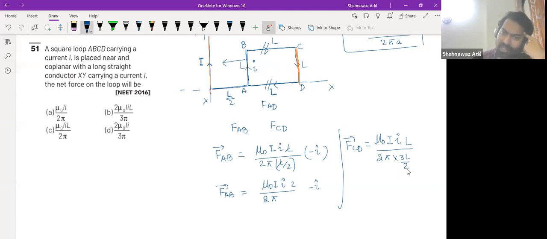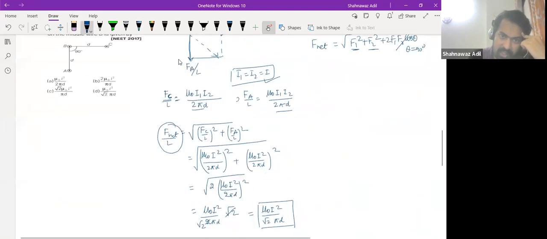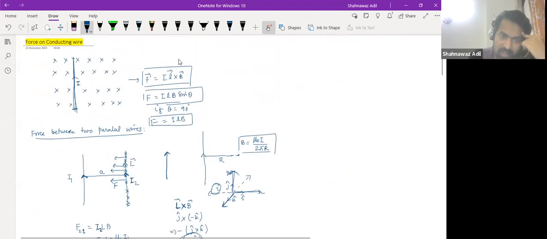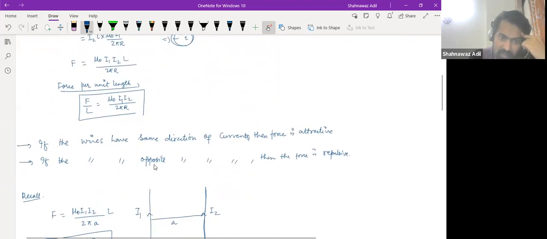And what is the direction? You see that these currents are in opposite directions, so they are not parallel. This one is in this direction, this one is in the opposite direction. So the force would be attractive or repulsive? We have already discussed that with opposite directions, the force is repulsive.